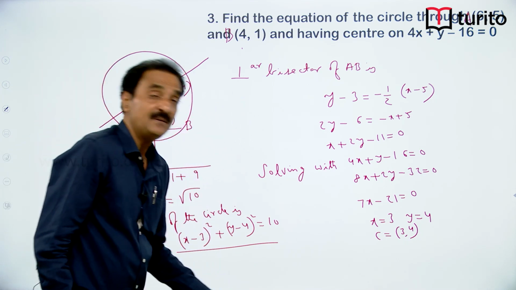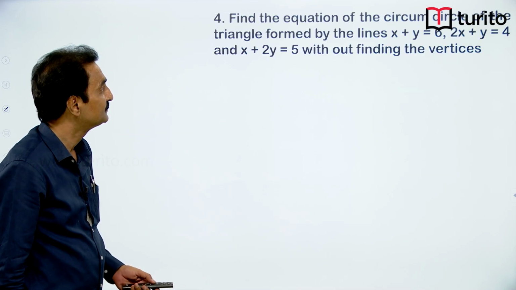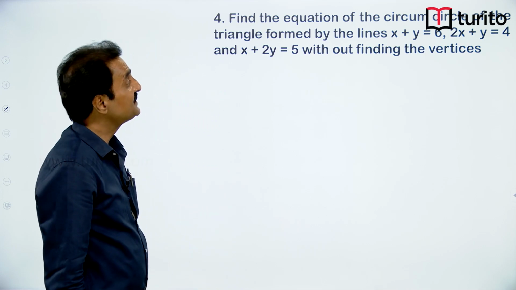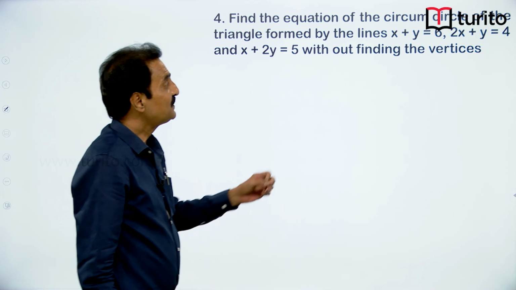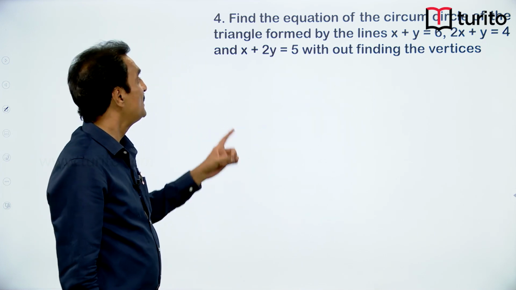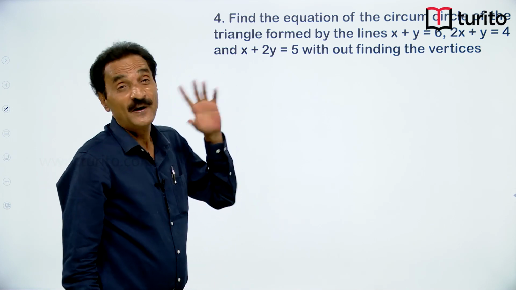Moving to next question. Find the equation of the circumcircle of the triangle formed by the lines x plus y is equal to 6, 2x plus y is equal to 4 and x plus 2y is equal to 5, without finding the vertices.